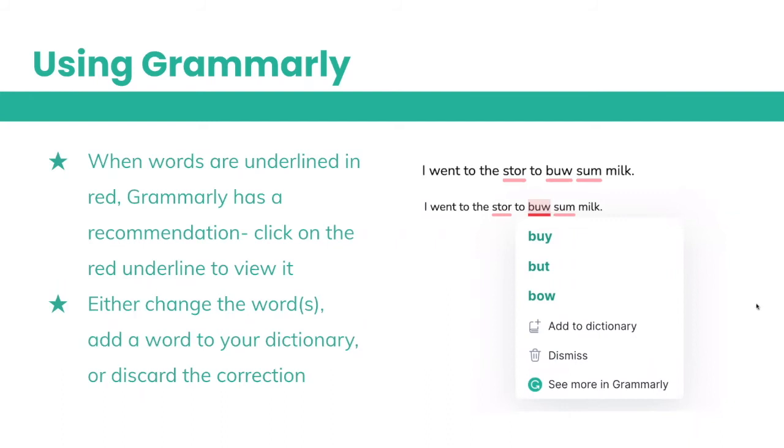For example, to the right is another screenshot of a sentence. Somebody has written, I went to the store to buy some milk, but they have many different errors. When you hover or click on the red underline, it comes up with a lot of different options of how you could correct the word. Or, if you think that the word is right, you can add it to your own personal dictionary, and you can dismiss it as well if you don't want it to be telling you to fix it and you know that it's correct.